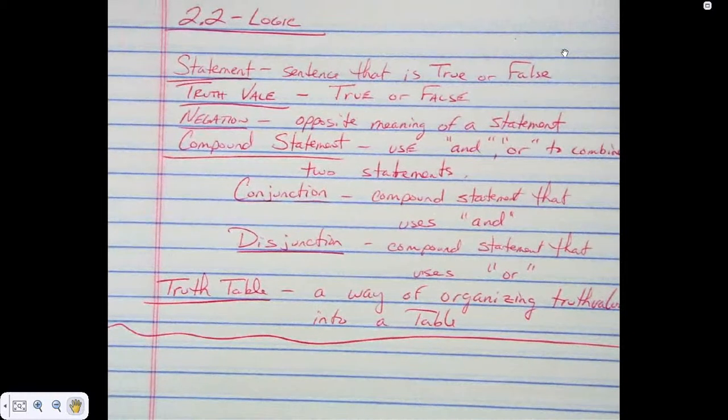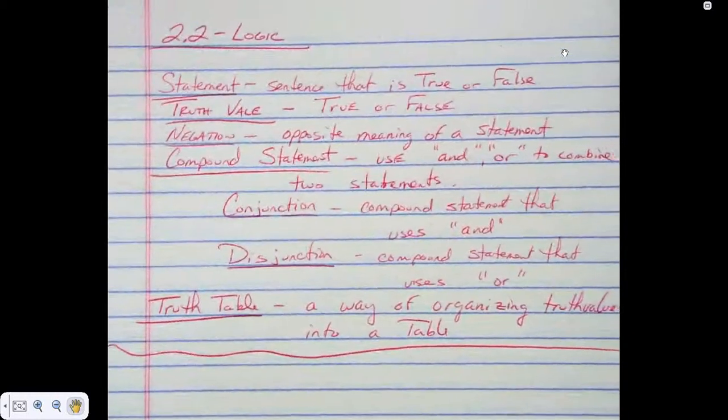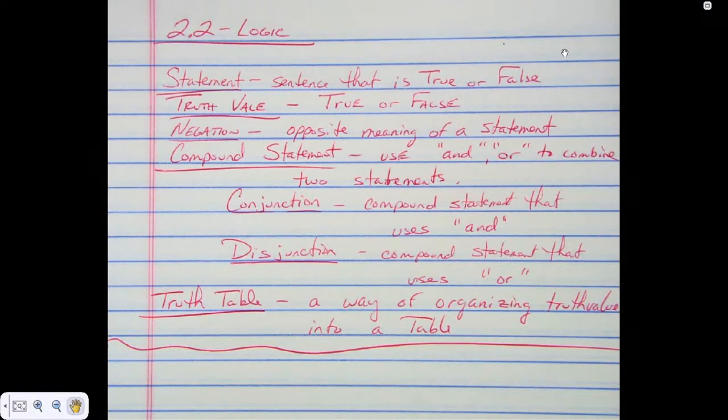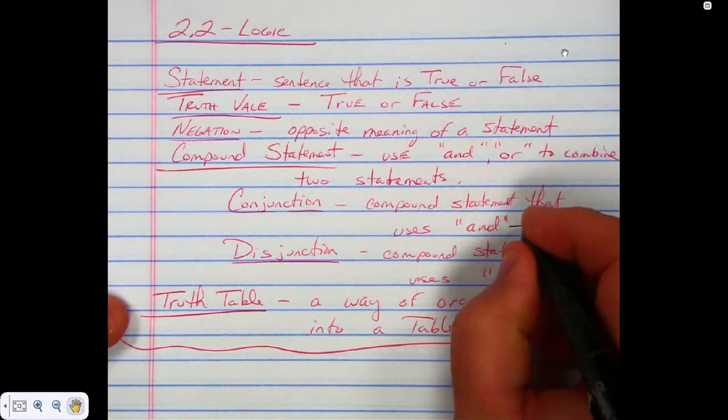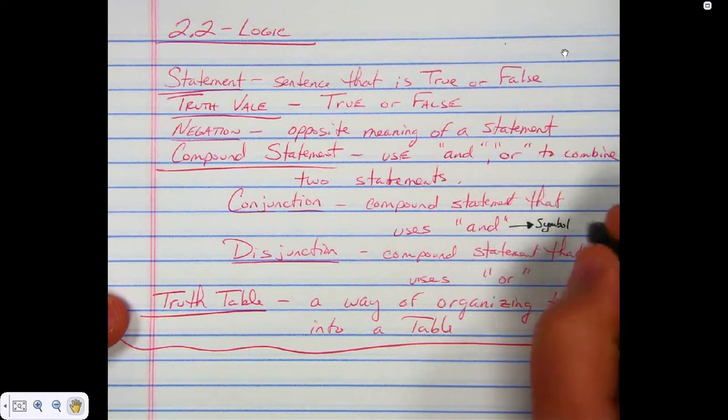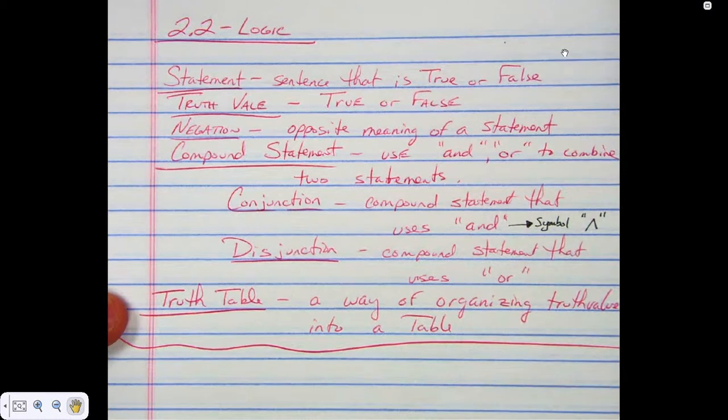Now, I want you guys to look at where I have and right here. Your symbol for and is this upside down V. Okay?